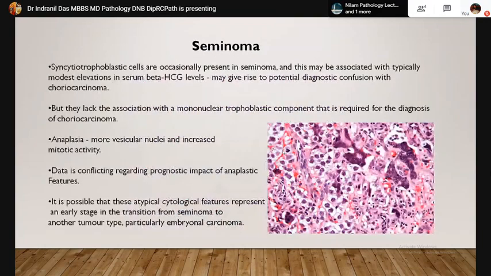Now, sometimes syncytial trophoblast-like cells are found in seminoma, and these cases may show a modest increase in the beta HCG level in the serum, but they lack the association with a mononuclear trophoblastic component. This is the distinguishing feature from choriocarcinoma.